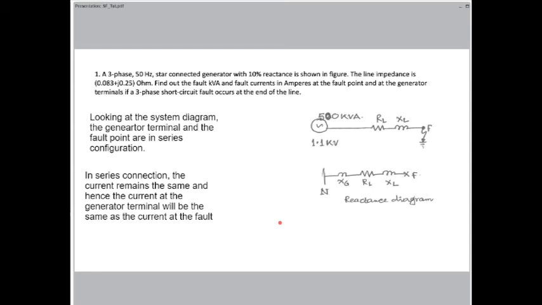Is that clear to everyone? Who will confirm that they have understood this concept as well? We can avoid calculation because we see that they are in series, we don't need to calculate. So they will have the same value of current at the fault point and at the generator terminals.